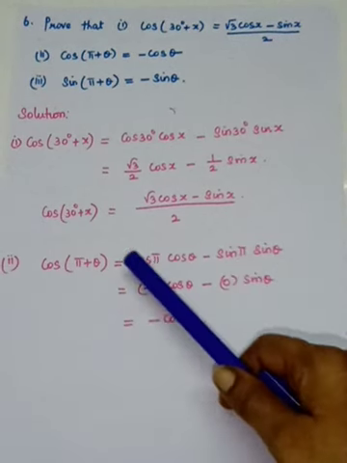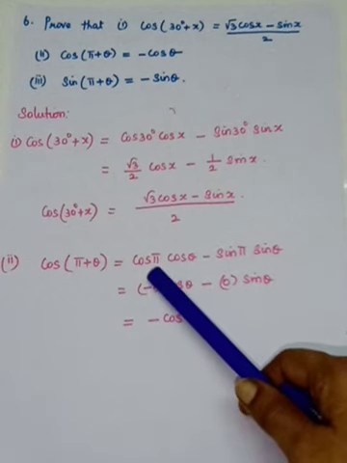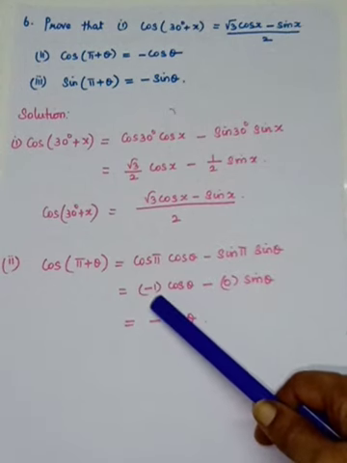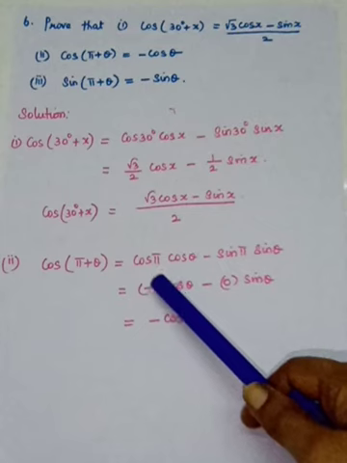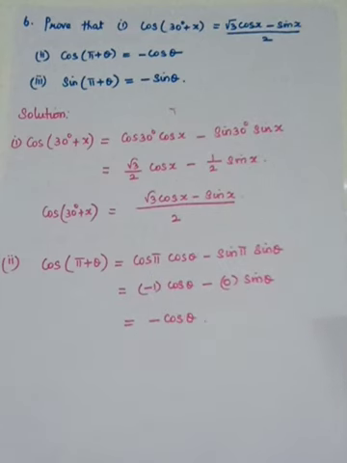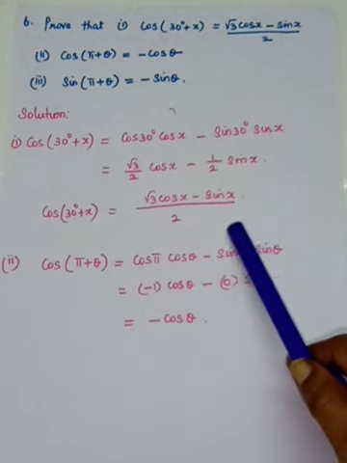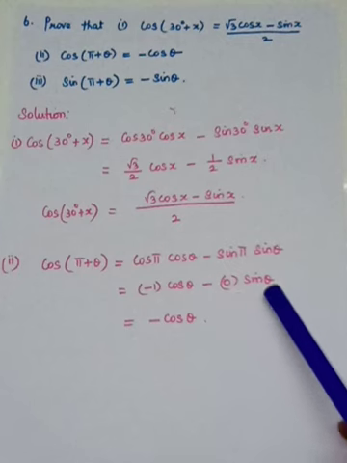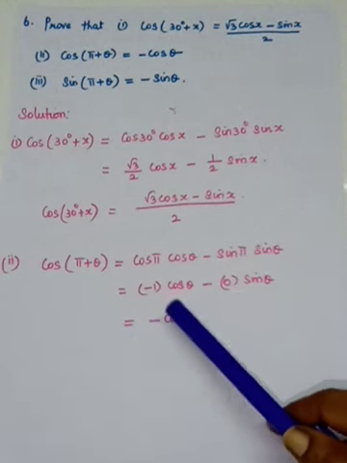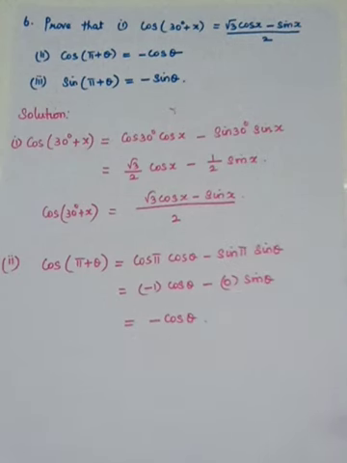In the place of beta, theta is written. Cos pi is minus 1 because 0 degree and 180 degree are opposite. Cos 0 is 1, so cos 180 degree is minus 1. So minus 1 cos theta minus sin pi is 0, 0 into sin theta. So minus 1 into cos theta is minus cos theta.